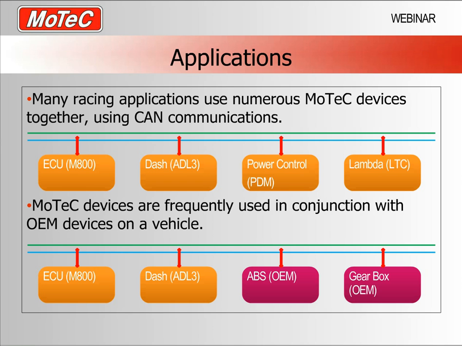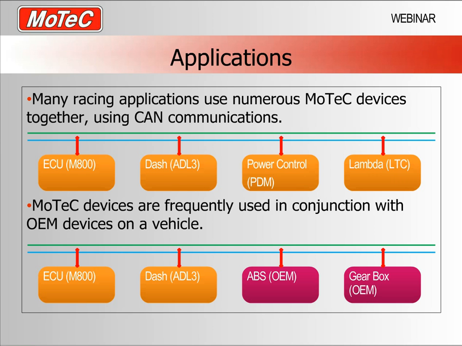Now, the difference here is that it's not always possible to know what CAN data is required for OEM systems. We here at the MoTec Research Centre in Melbourne do a lot of research into this, and so we're constantly looking at OEM installations using our more sophisticated CAN test devices so that we can sniff out what data we're interested in, and that's how we produce the templates that are available to the customer.